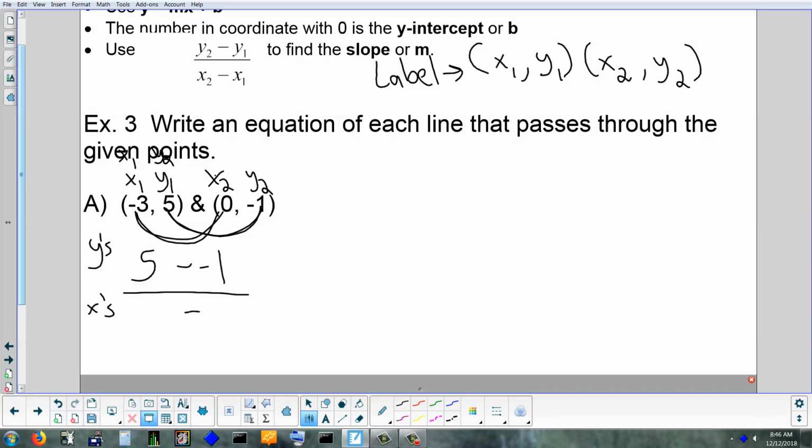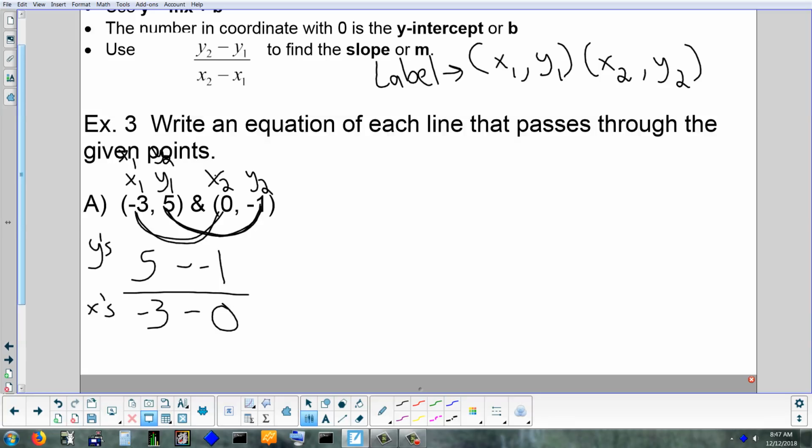Like we talked about last academic week, you may have 2 negatives in a row. It might happen. So if I'm going y1 to y2 on the top, what's going to be on the bottom? Ellie? Would it be -3 minus 0? Yes, it would. All right, on the bottom, -3 minus 0.